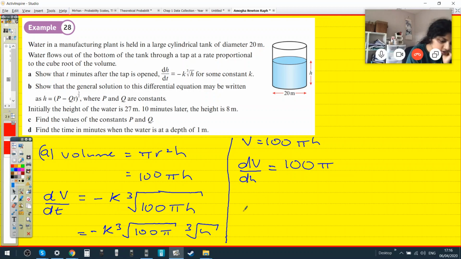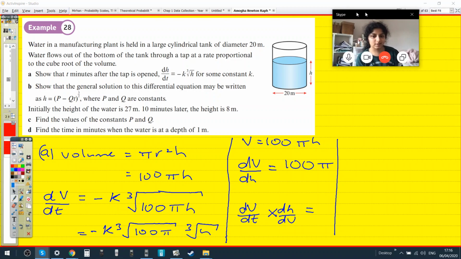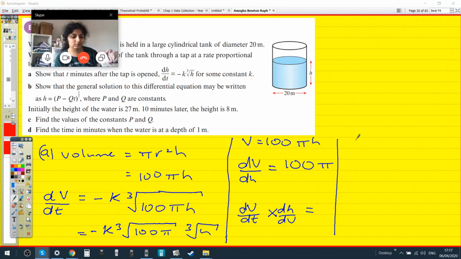So then you can just do minus k cube root of 100 pi h multiplied by 1 over 100 pi. And it somehow gives you... Wouldn't the 100 pi's just cancel out? But I don't know how, because one's a cube root and then one is just like 100 pi. Can you cancel it when it's under a cube root or not?